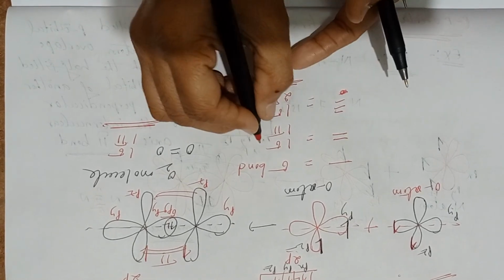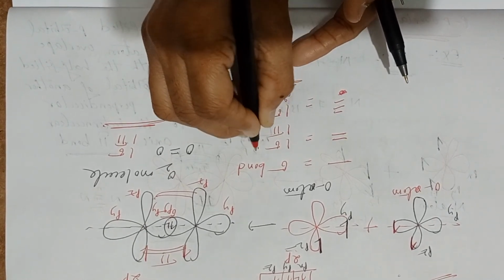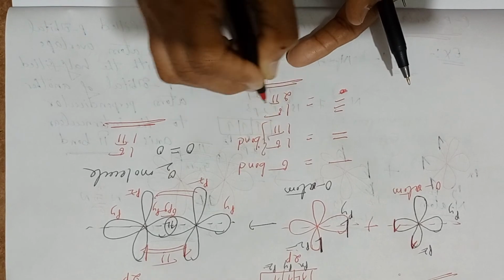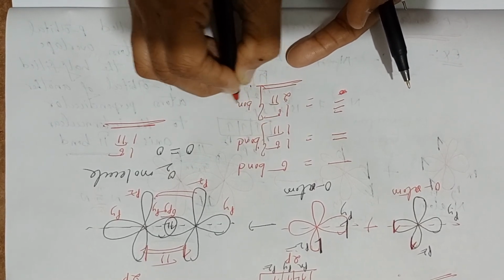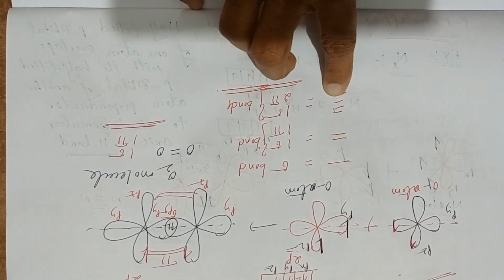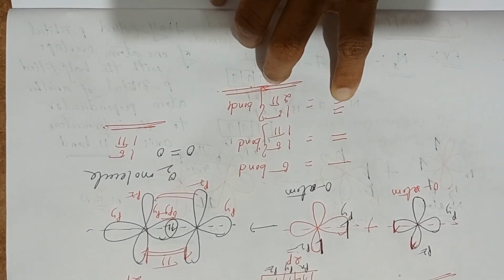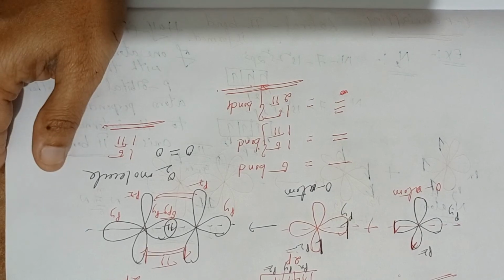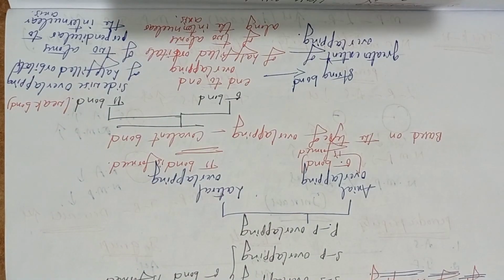Are you clear? Understanding, students? Triple bond means one sigma, two pi bonds. Clear this one? So these are the types of overlapping, students.